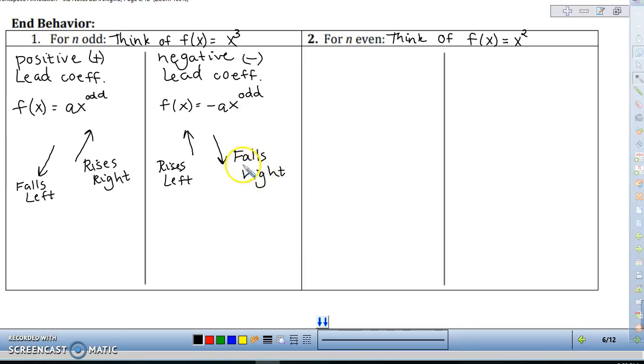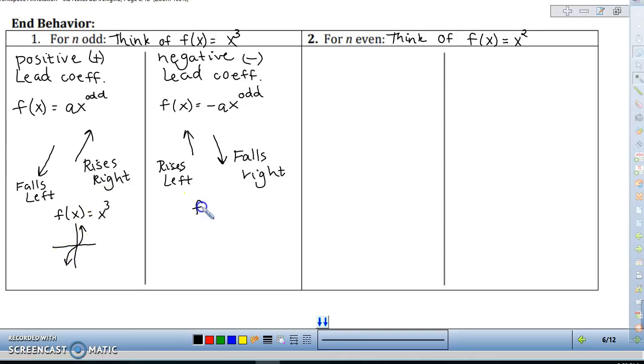And the reason I had you write down f of x equals x cubed is because this is my favorite way to remember this end behavior. X cubed is a really basic odd function, meaning it has an odd degree. So if we just sketch a quick graph of what f of x equals x cubed looks like, this is going to help us remember that when it is positive as a lead coefficient, I'm down on the left and up on the right.